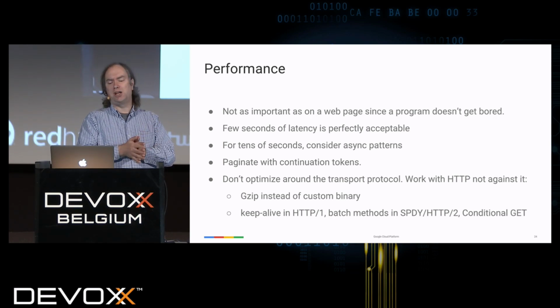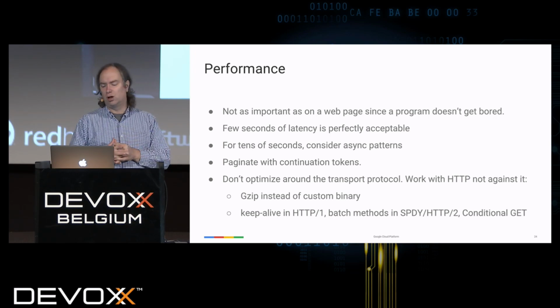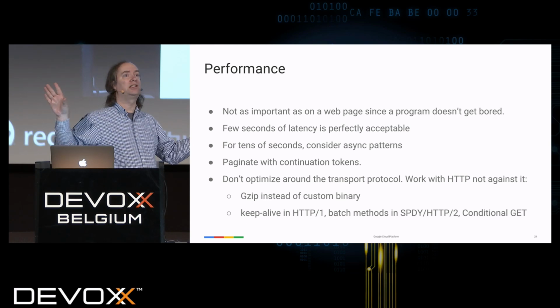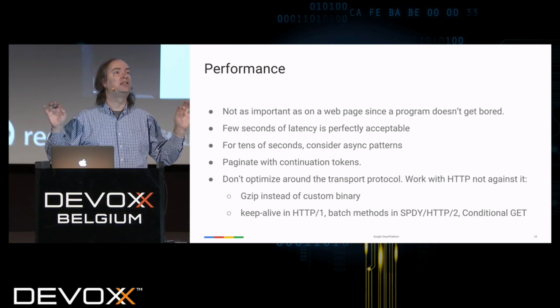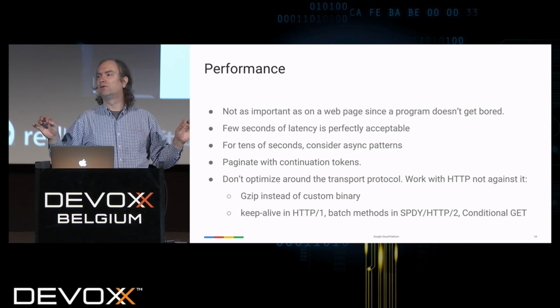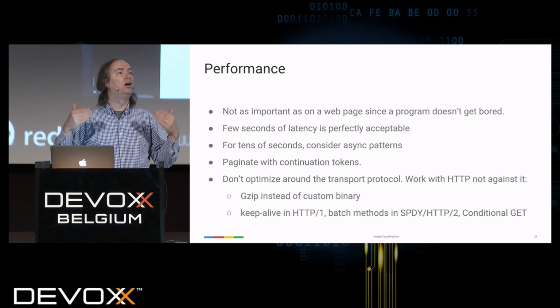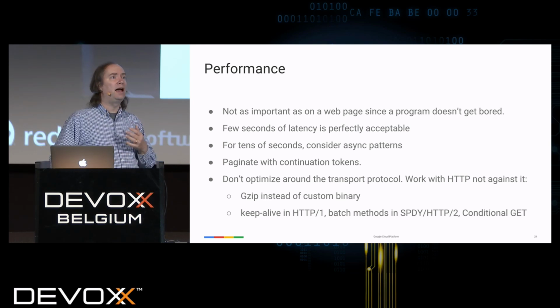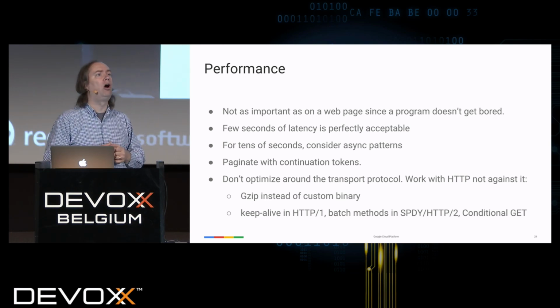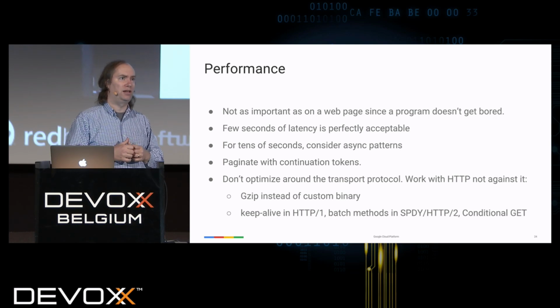If you're using HTTP, don't try and optimize around the transport protocol. Let it do the work for you. For example, no custom binary formats, please. You don't need them. Use text. Let the gzip encoding on HTTP on most servers do the work. And that will reduce your bandwidth very close to optimal. Use keep alive in HTTP 1.1. Use batch methods in SPDY/HTTP2. Use conditional get. Use last modified since, etc. All these sorts of nice tricks for playing with it.